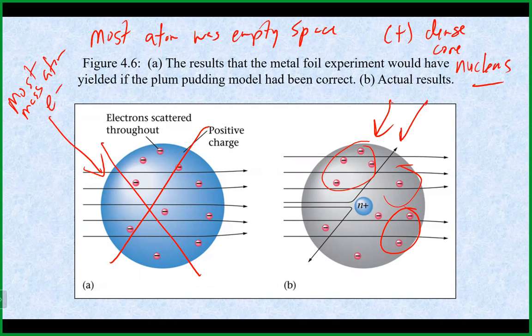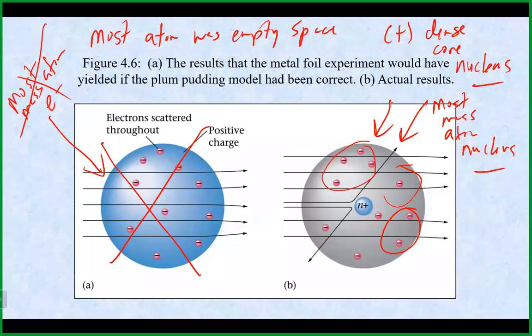In the modern version of the atom, most of the mass of the atom is actually the nucleus. So once again, that is a different version. In the earlier model, most of the mass they felt was the electrons, but with this new model, they feel most of the mass is made up of the nucleus. Any questions on that there?